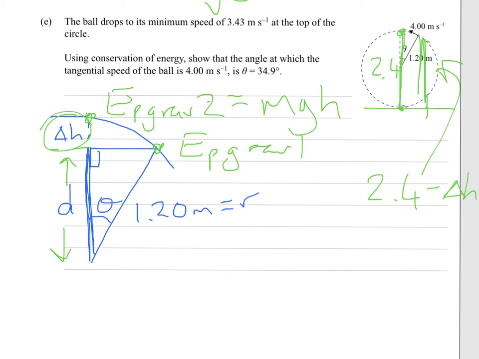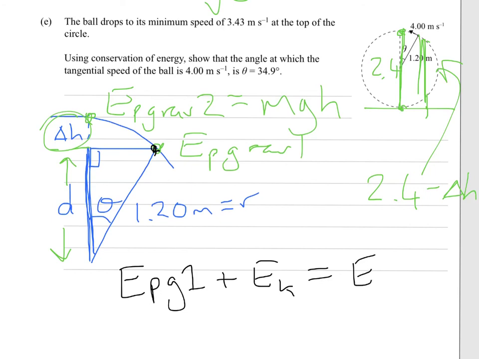EPG1, at this location here, plus whatever kinetic energy it has at that point, must equal EPG2, plus the kinetic energy at the top, 2.